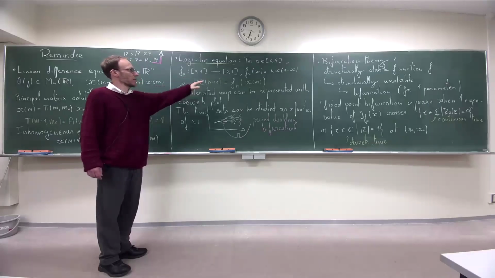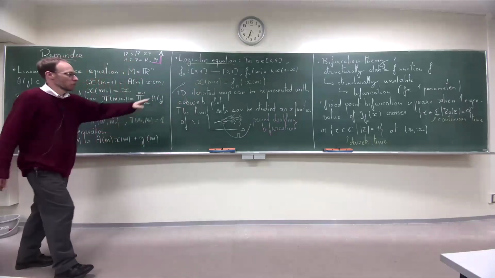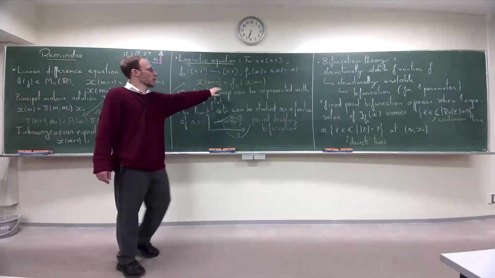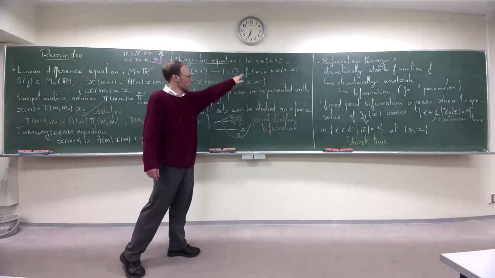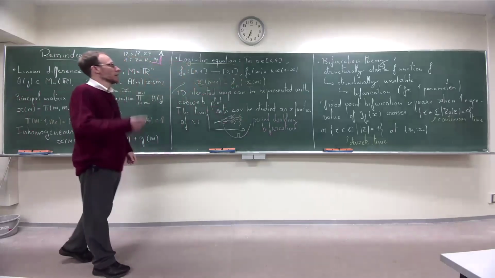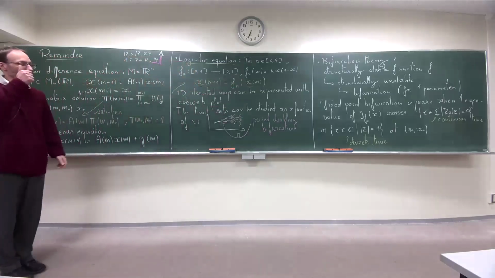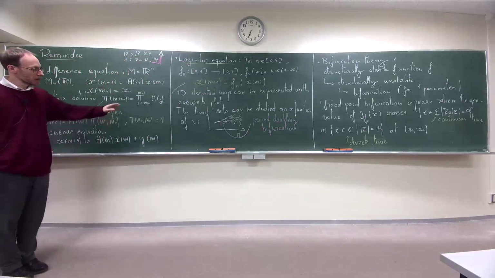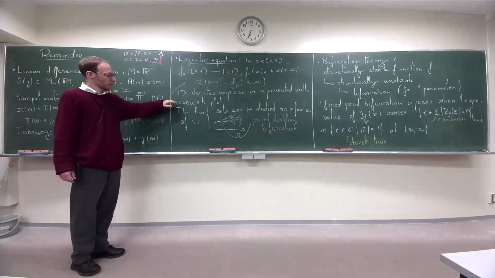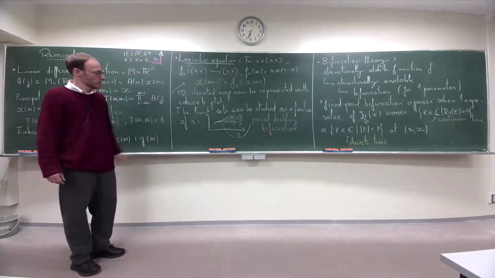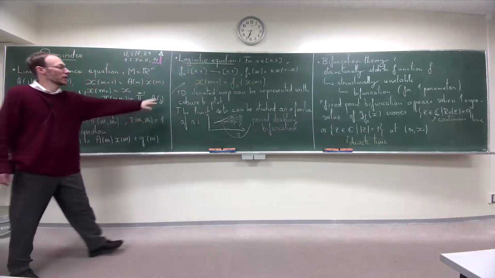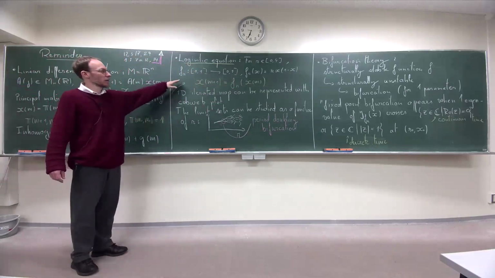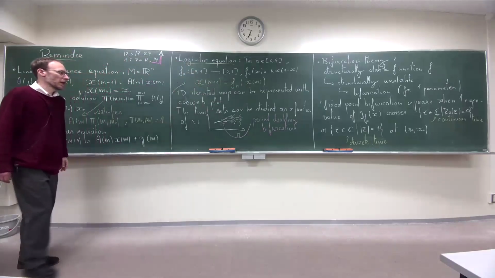And for discrete time, I said x at m+1 is this function applied to x_m. But x now is just one value. It's a 1D iterated map. And I mentioned these cobweb plots. If you have never seen them, please look at the notes or look on the internet. This is an easy way to represent such an iterated map.